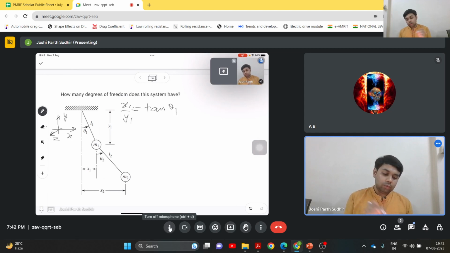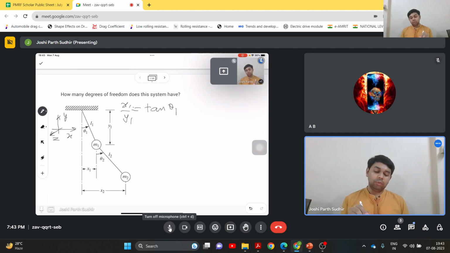So we have either x1 or y1 or theta 1. One of them can be a unique coordinate for this mass m1, and alternatively we can also do the same for the second mass. Now to uniquely describe its position, it will be dependent on where this mass m1 is located, and in addition to that it will also depend on theta 2.